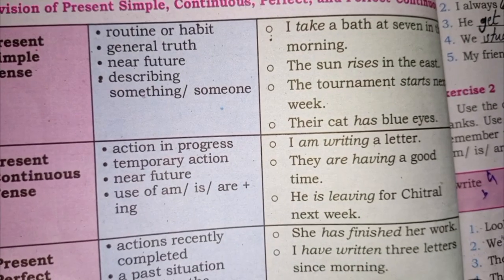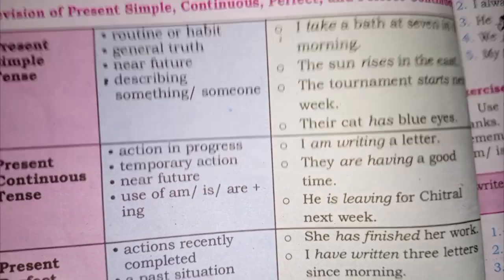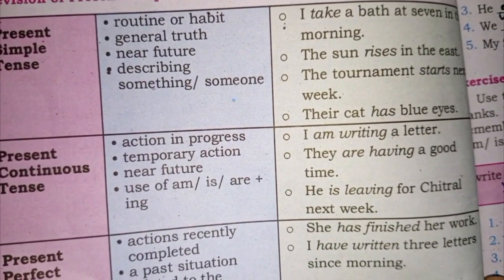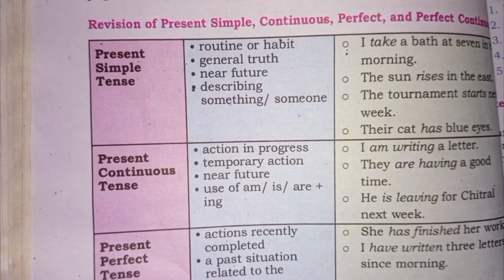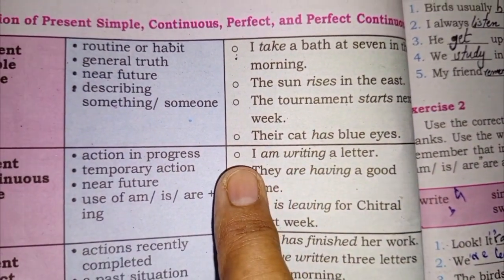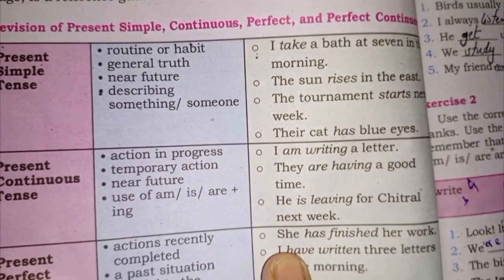Near future: he is leaving for Chitral next week, means in the future he has an intention to go to Chitral next week. So you are looking that am, is, are are used here after the subject: I am, they are, he is.